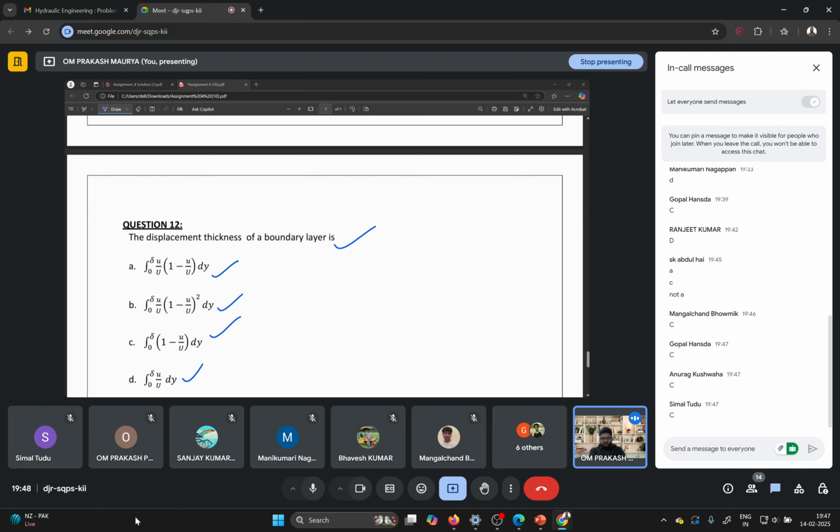Actually we have discussed a lot about displacement thickness, momentum thickness, as well as problems based on these formulas: displacement thickness, momentum thickness, and energy thickness. We have also discussed how in a laminar boundary layer the wall shear stress is related to the distance, that is, inversely proportional to the square root of the distance. And also some basic principles of the boundary layers.